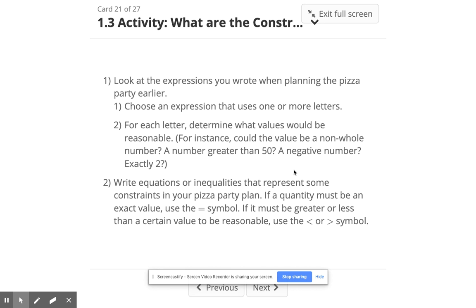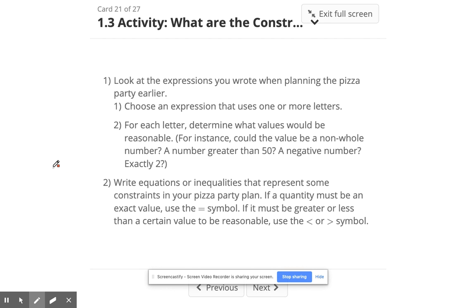Now we're moving into question number 1. It says, look at the expression that you wrote when planning the pizza party earlier. Choose an expression that uses one or more letters. Each class was different, so I'm going to create my own scenario here.